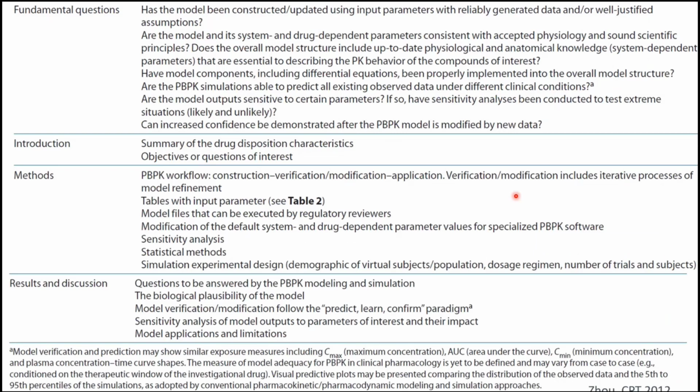This chart comes from a manuscript from Ping Zhao in CPT in 2012. So this has been something that's been preached upon for quite a few years, and we're still really bad at it. So yeah, I'm just here to say, let's try to do a better job and see where we can get this to improve reproduction in our modeling.